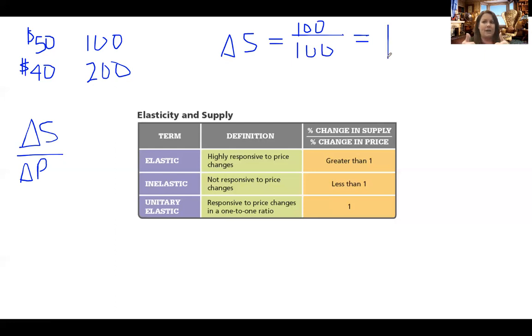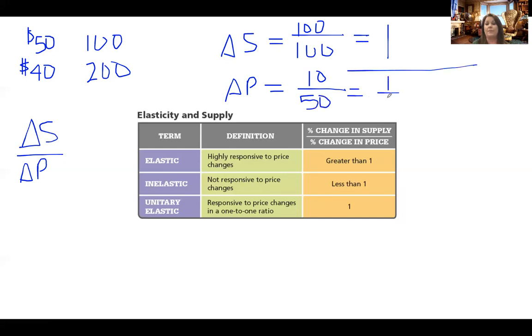Yay, I like numbers like this. Now let's find our change in price. The difference is $10 over our original price of $50. And this simplifies to 1/5. So we get 1 divided by 1/5. So that's same, change, flip, which equals 5.